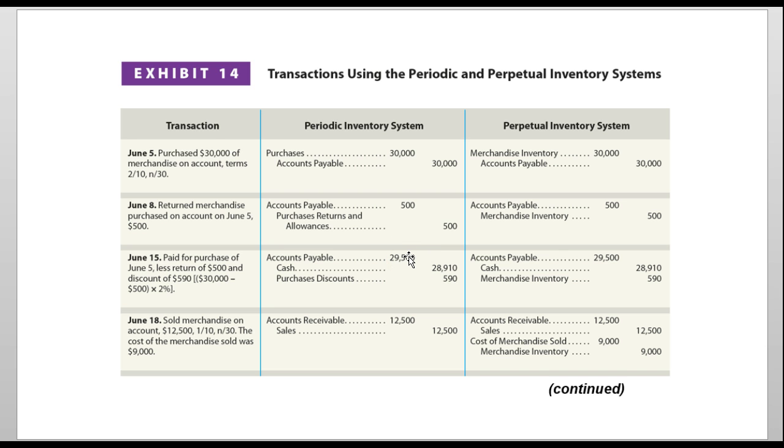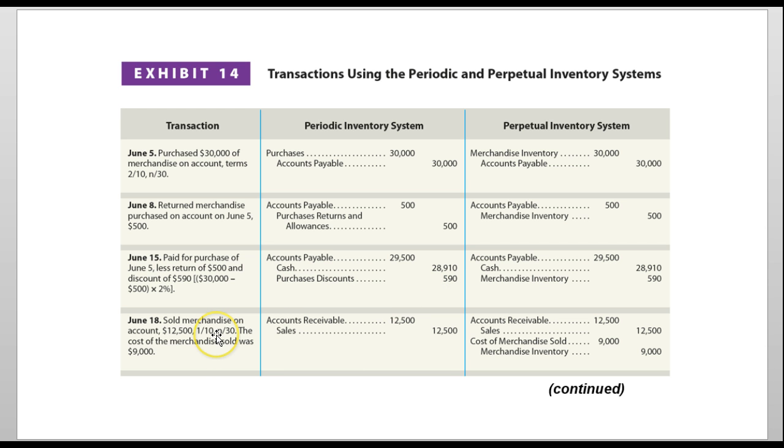We know we have $29,500 in accounts payable that has to be removed. So that would mean that our cash is $28,910. That's what we're actually going to pay. Does that make sense? So instead of going directly out of inventory here, we're going to put that in a purchase discount.